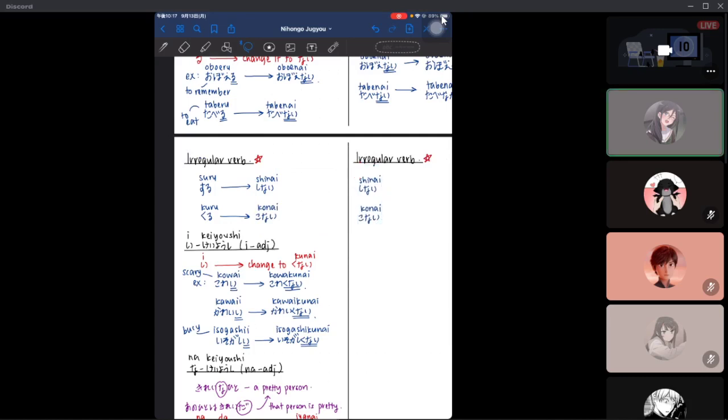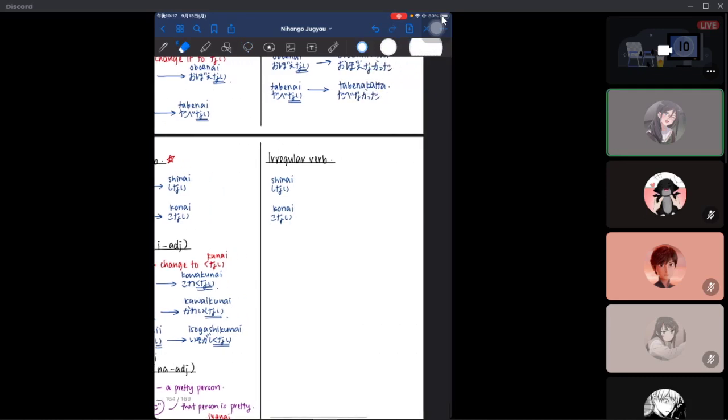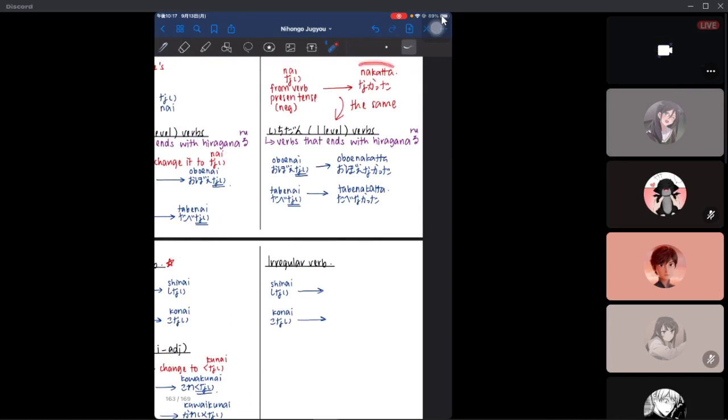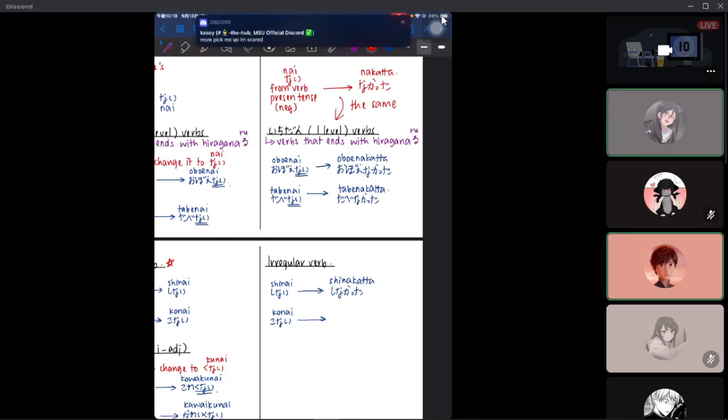For irregular verbs, if it's shinai, then what will it become? Basically the same way as this one. Shinakatta. Yes, しなかった. If it's 来ない, what was it again?